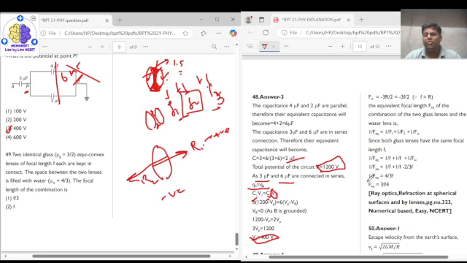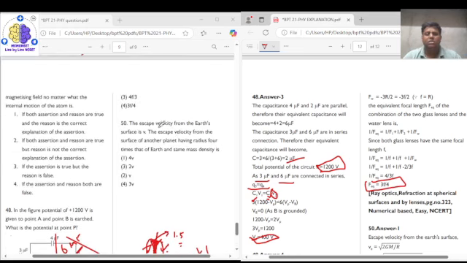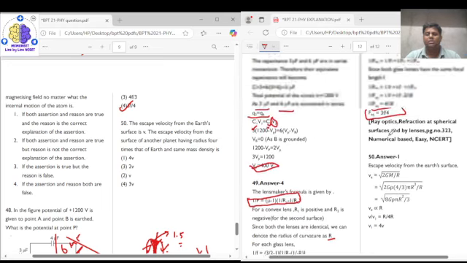Putting the values, we get f equivalent equals 3f by 4, which is option 4 in the question. So the correct answer for question number 49 is option 4, right?